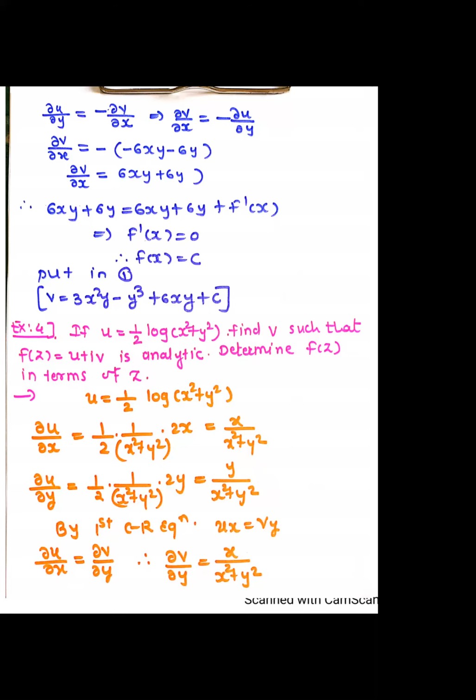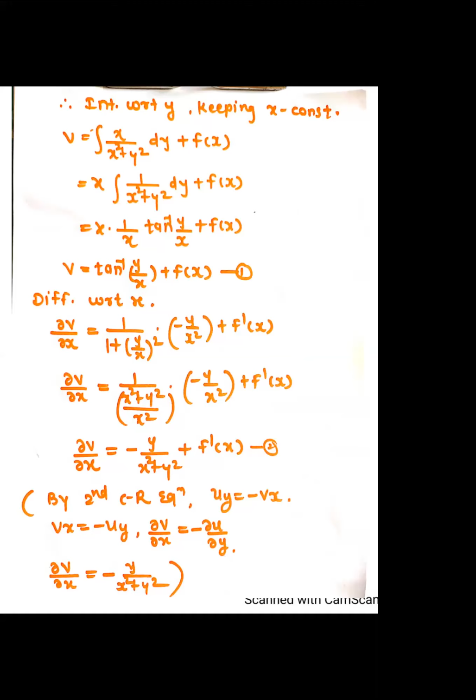To cancel that w upon y, we have to integrate with respect to y, keeping x as a constant. So let us integrate. So v equals the integration of x upon x square plus y square dy plus, as x is a constant, we have to add the constant of integration as f of x.